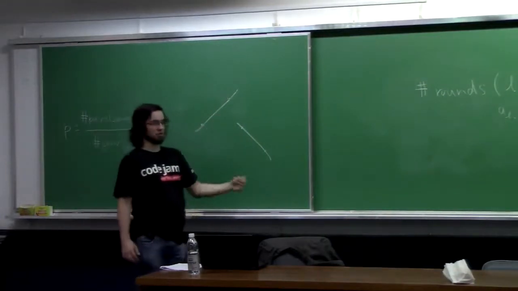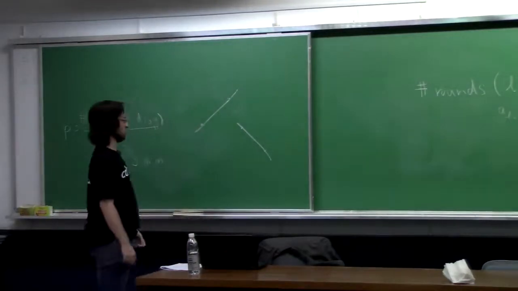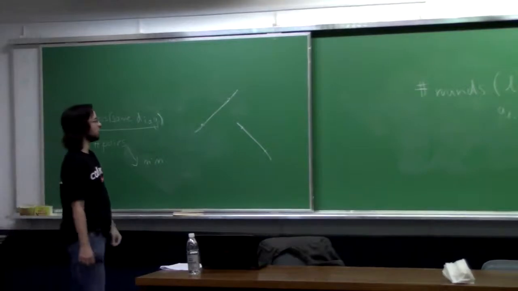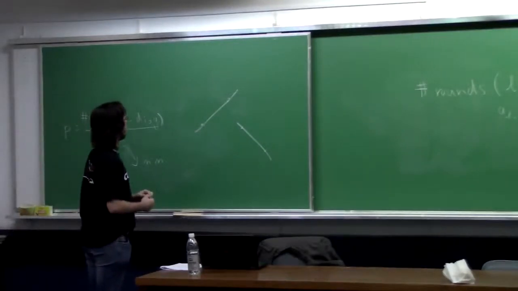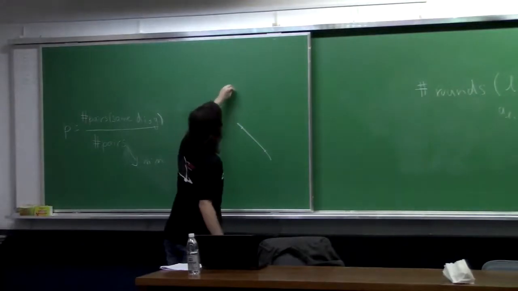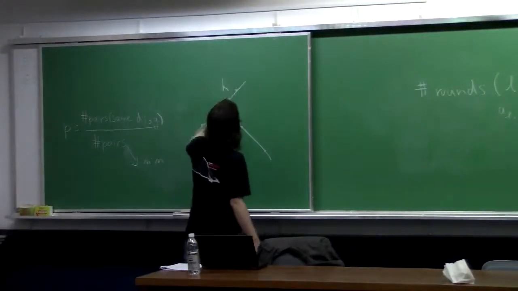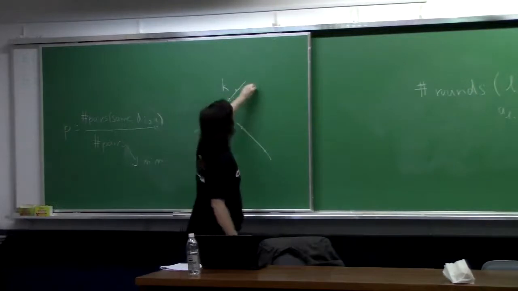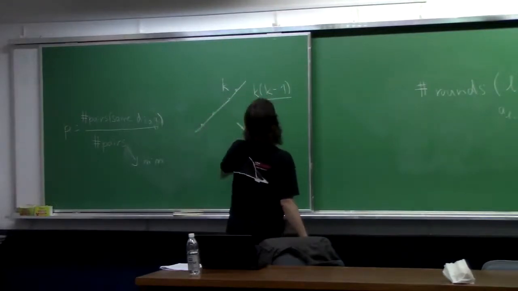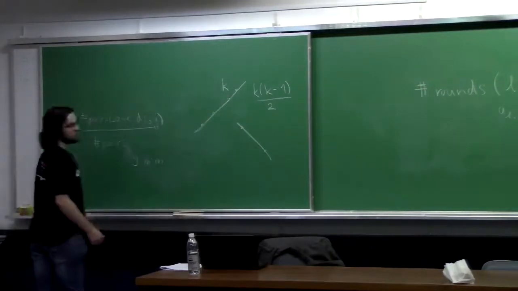And for both types of diagonals, just count for each diagonal how many points appear on it, how many pairs of points appear on it. The number of pairs that appear on the diagonal with k points will be k times k minus 1 divided by 2, for the reasons I just explained.